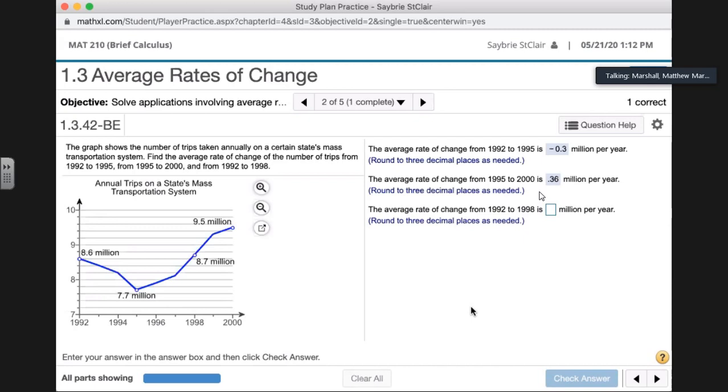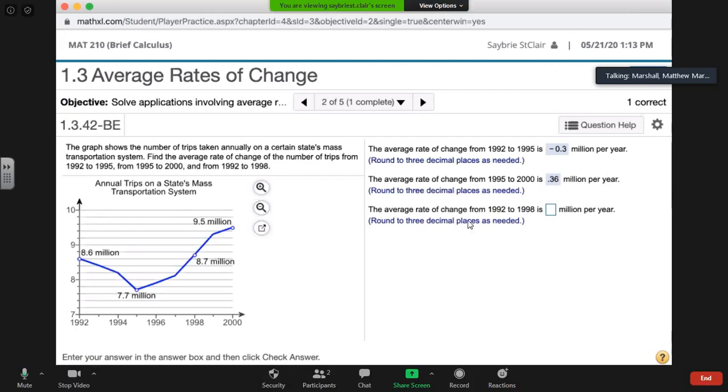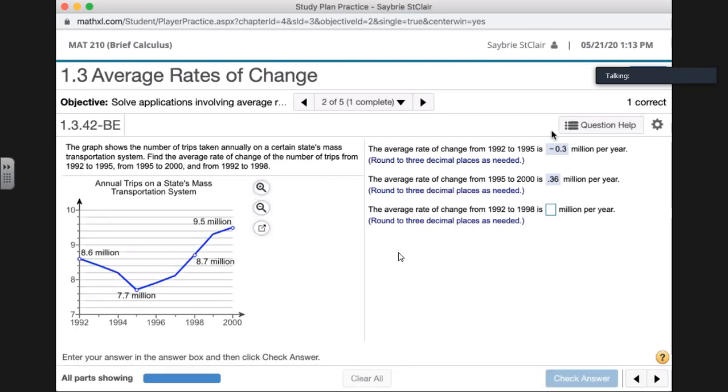So looks like going up. So 8.7 minus 8.6, 0.1. Yep. And then the change from 98 to 92 is 6 years, so 6. So I'm getting a real small number, 0.01666 repeating. So 0.02 rounded, I guess.